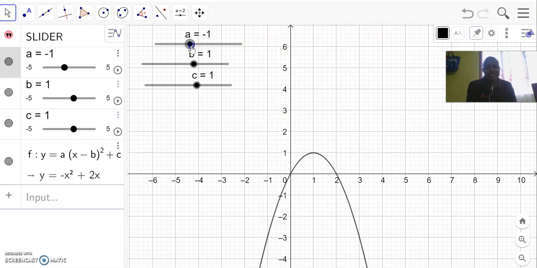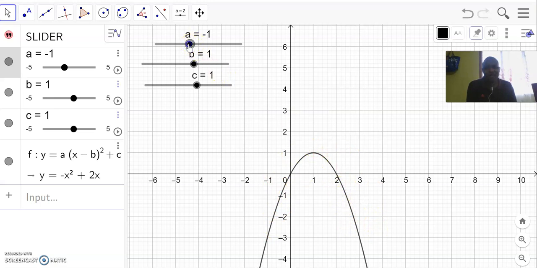When it is now negative 1, you can see that the curve has changed its direction. So the student has to learn that when the coefficient of x squared is negative, then the curve changes its direction downwards.